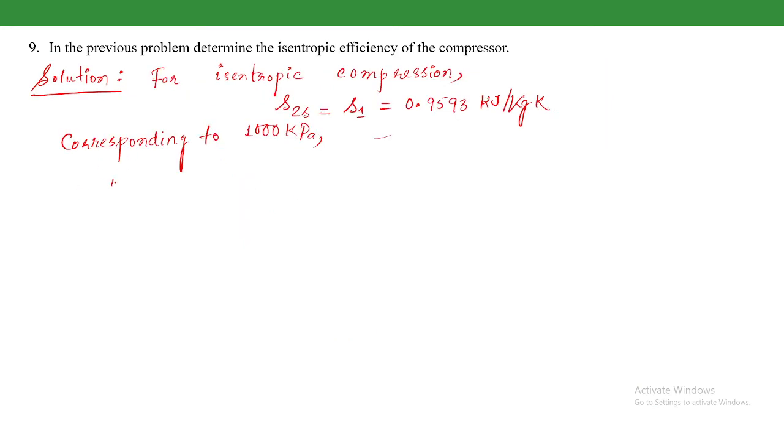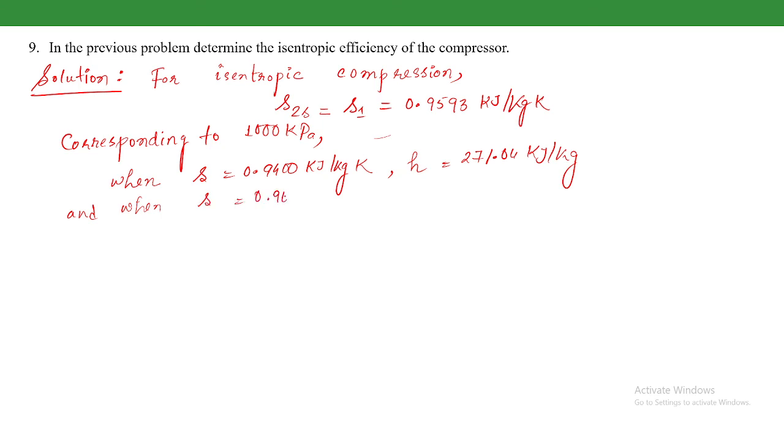When entropy is 0.9400 kilojoule per kg Kelvin, the enthalpy is 271.04 kilojoule per kg, and when entropy is 0.9651 kilojoule per kg Kelvin, the enthalpy is 279.05 kilojoule per kg.